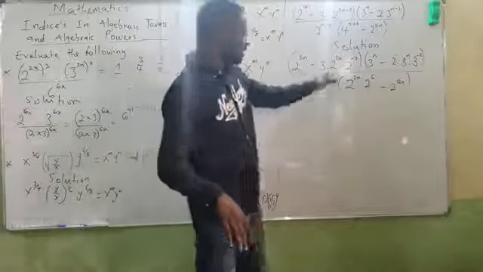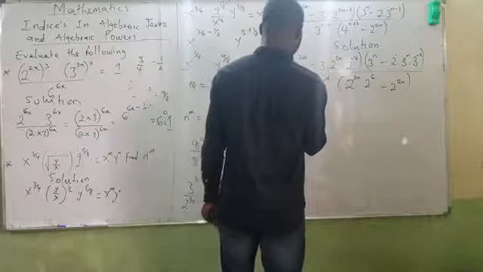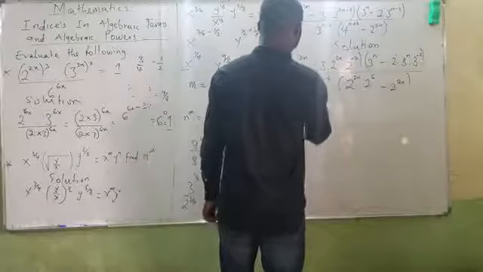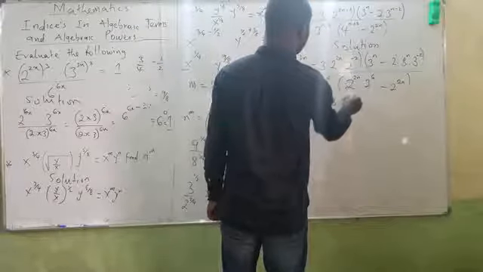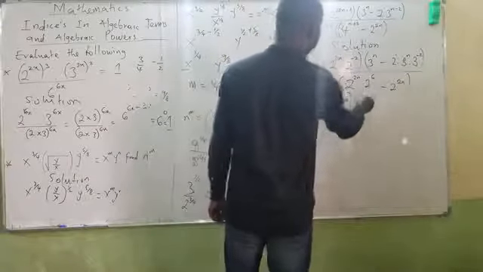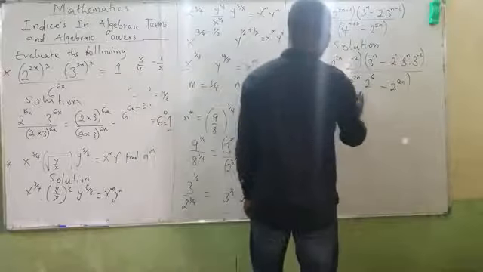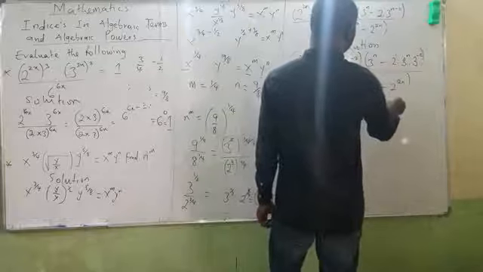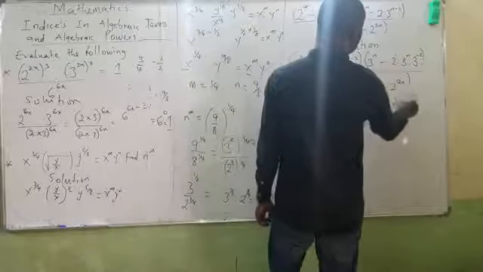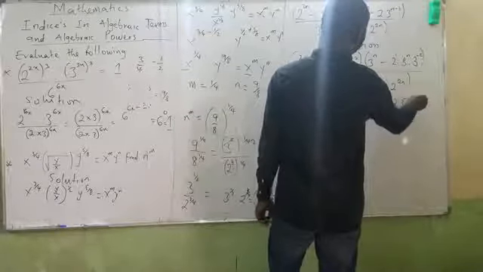Now, this I can bring out, which I'll be having 1 minus 3 dot 2 raised to power minus 2. And the second one, 3 raised to power n, bracket of 1 minus 2 dot 3 raised to power minus 2.